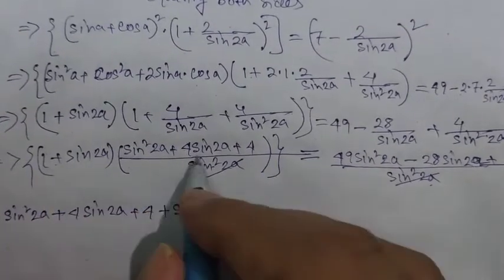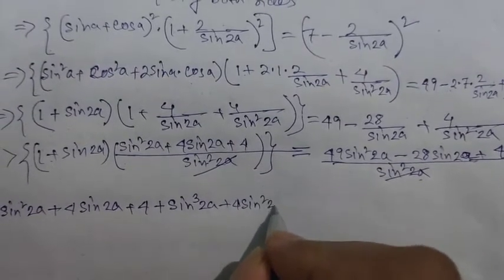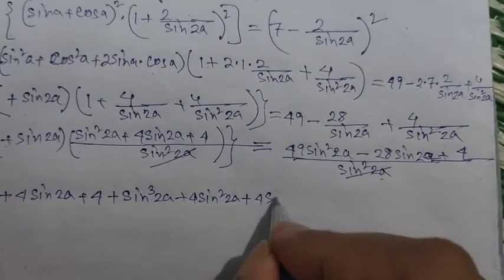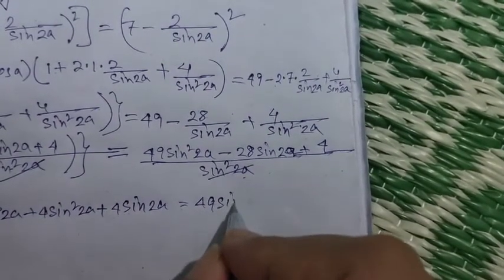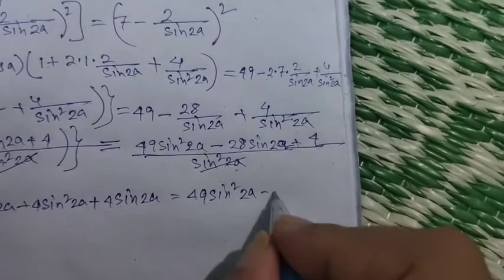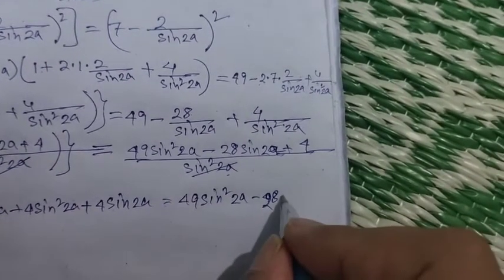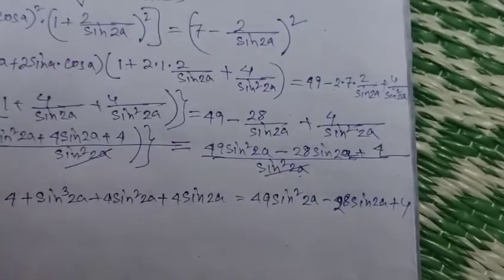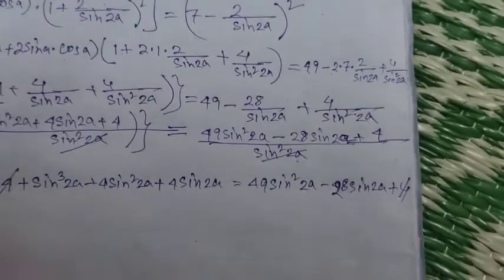Now sin 2A into 4 sin 2A, plus 4 sin square 2A, plus sin 2A into 4 sin 2A, equal to, here we will get 49 sin square 2A minus 28 sin 2A plus 4. Now please check, 4 we will cancel from both these sides.